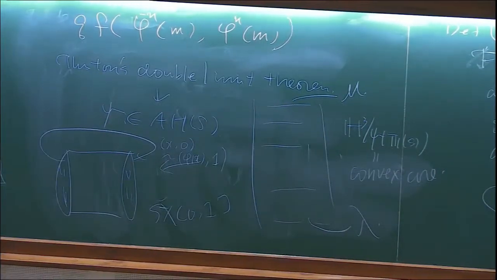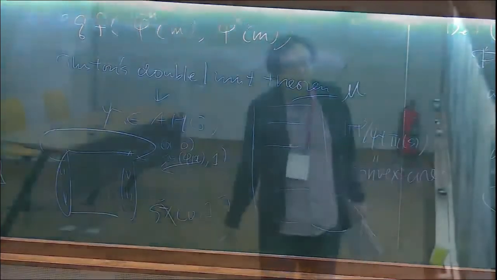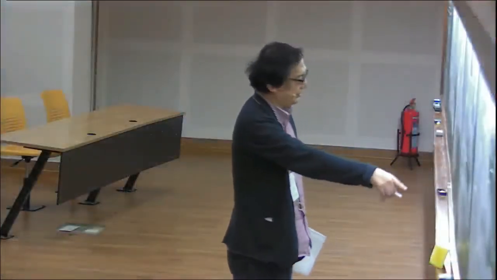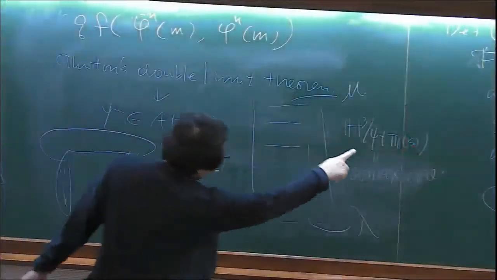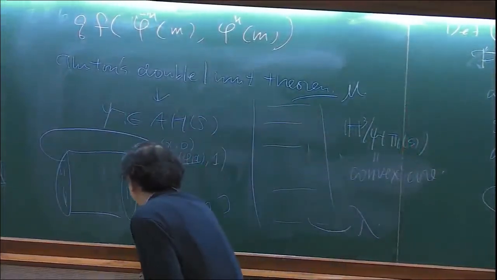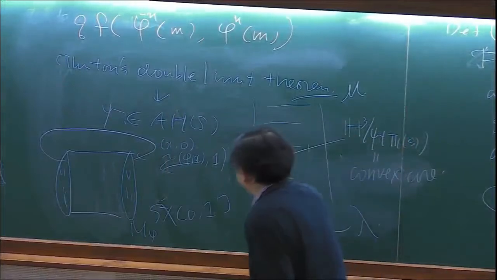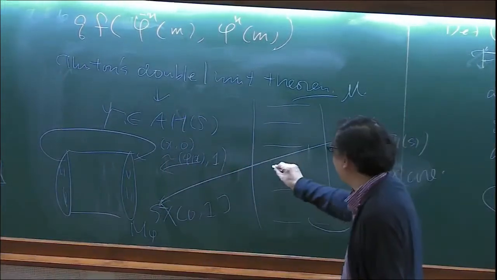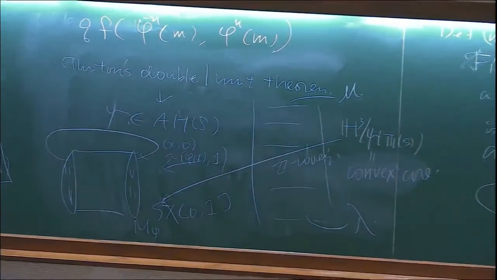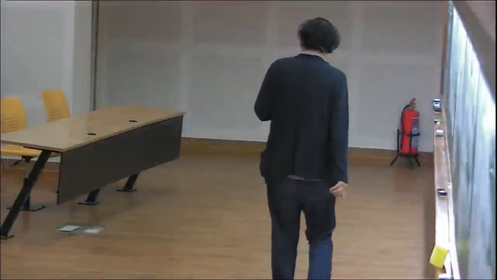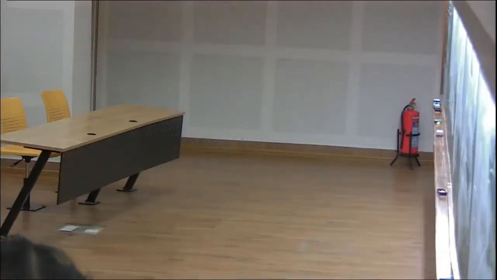It's called a mapping torus. This manifold covers what you get, M sub phi. So this is a Z covering of this manifold. Okay, that was the second example, where the convex core is the entire manifold.